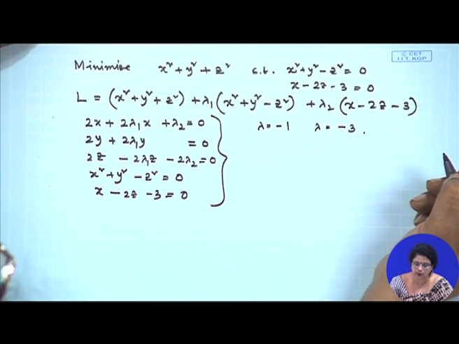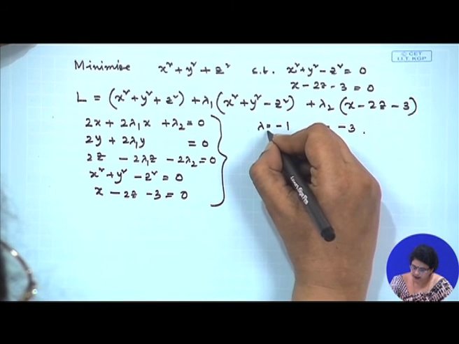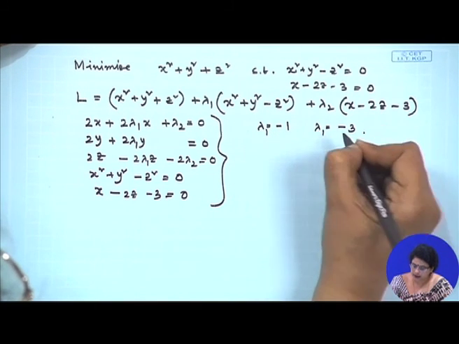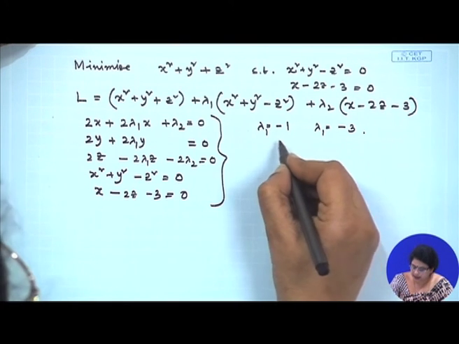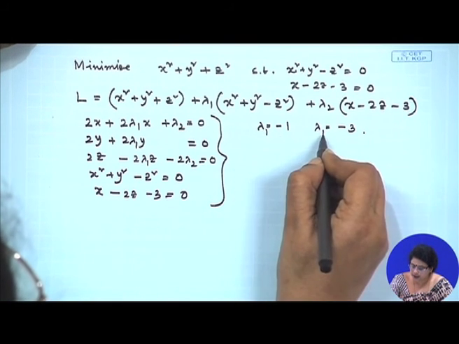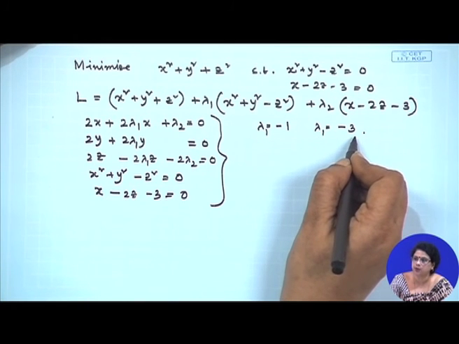We will have these two values of lambda 1: in one case we will have lambda 1 equal to minus 1, in another case lambda 1 equal to minus 3.